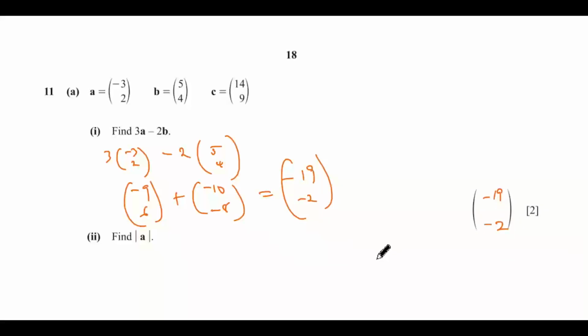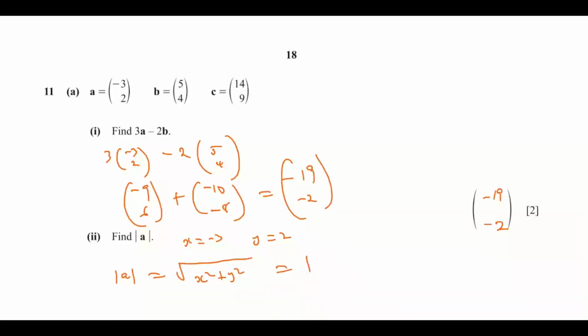Okay, so 11a, Roman figure 2. Find the modulus of a, or the magnitude of vector a. So for vector a, x equals negative 3, y equals positive 2. The modulus of vector a will be equal to the square root of x squared plus y squared.